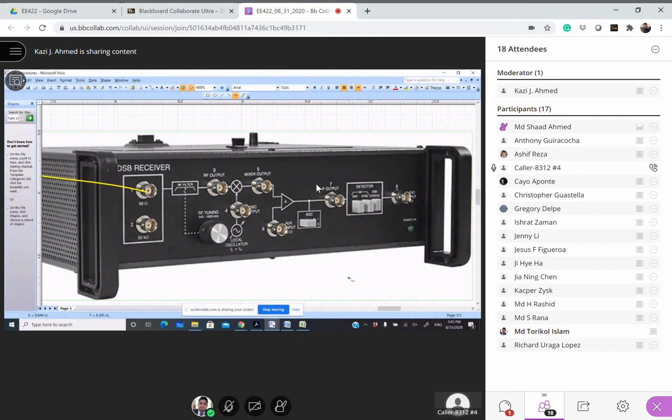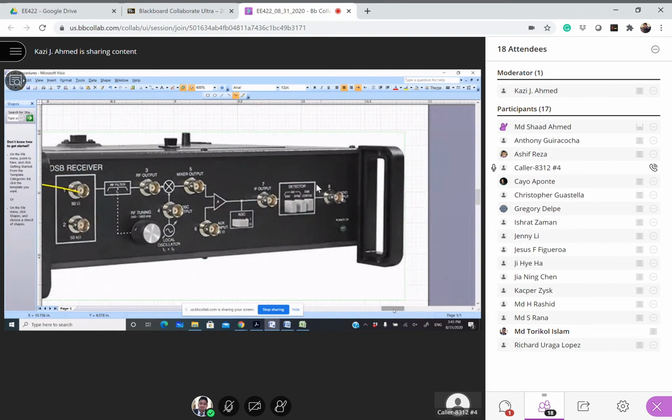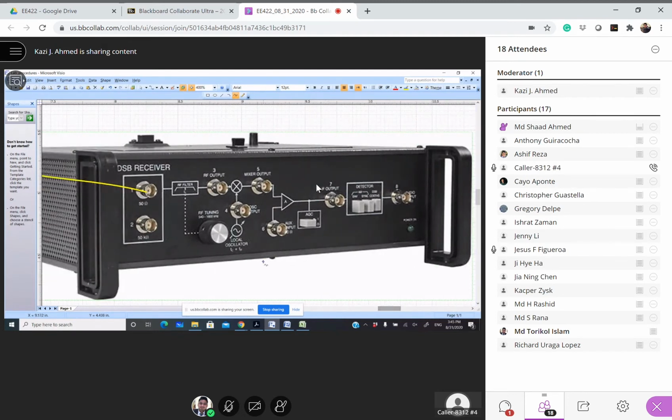Let's see, this is RF output, mixer output. This is IF output. Okay, it's hard to see which one is the audio output.